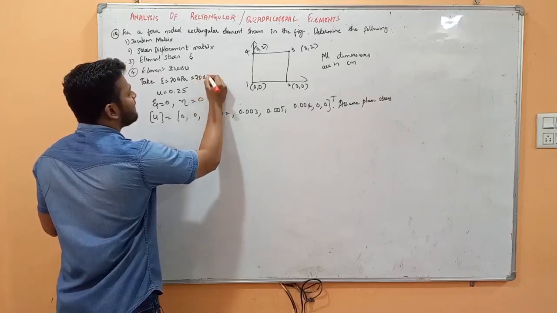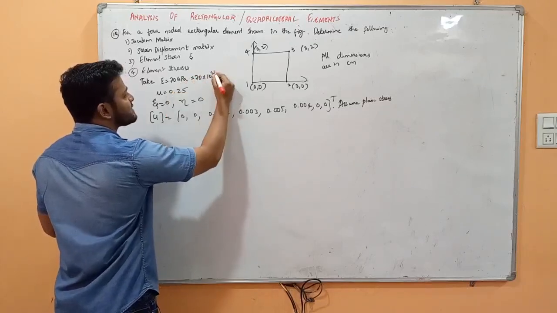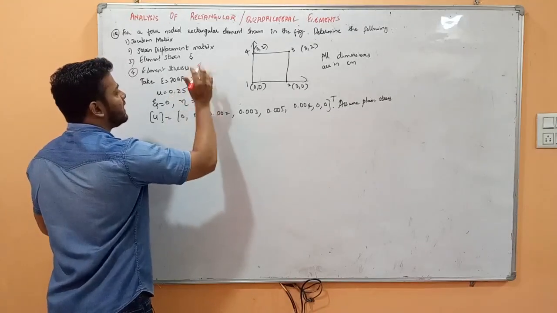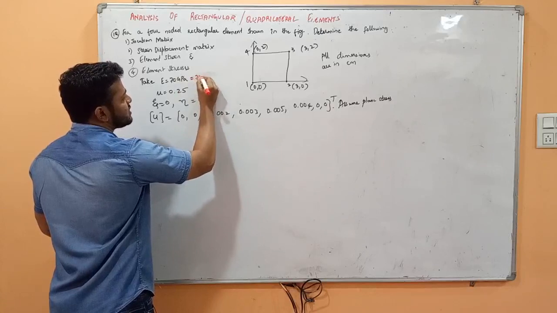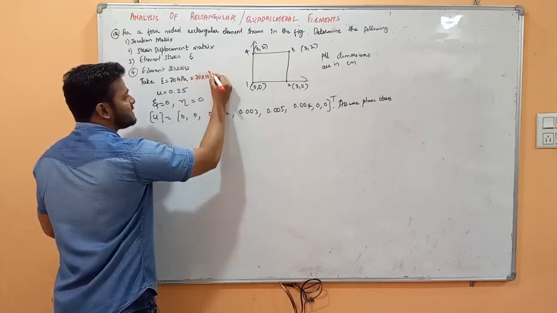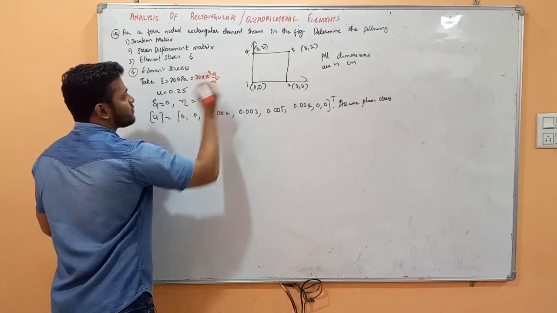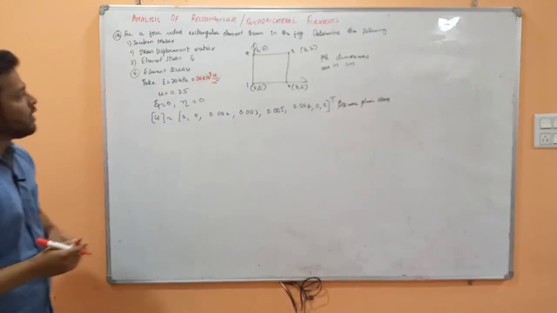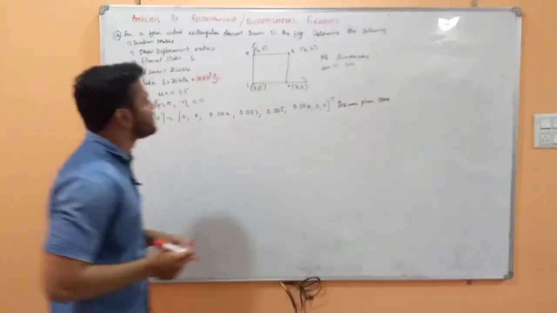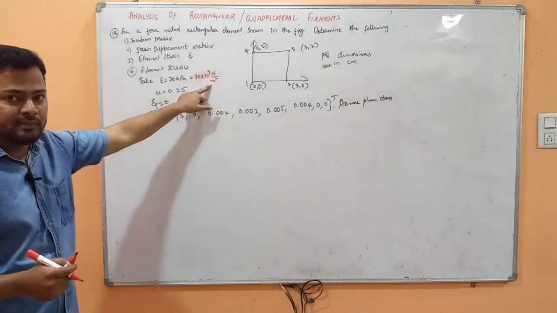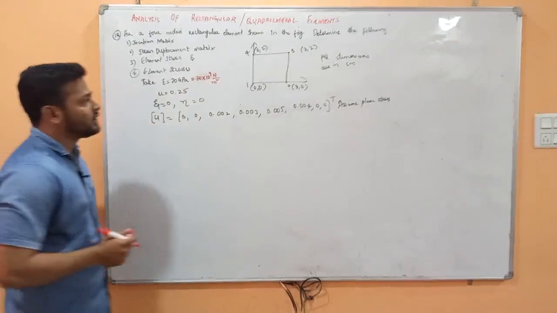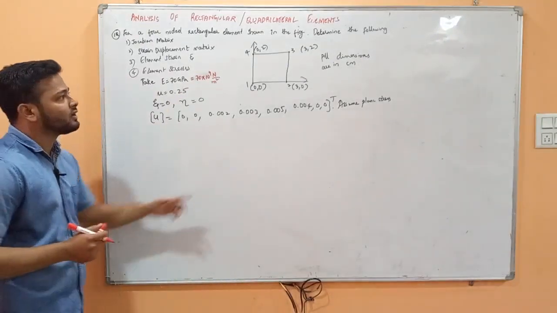Giga means 10 power 9, and Pascal means Newton per meter square. I am indicating this part with a red sketch since it has not been given. So 70 into 10 power 9 Newton per meter square. I don't want meters because these dimensions are given in centimeters, so I have to convert this meter square in terms of centimeter square. I want everything in terms of centimeters.